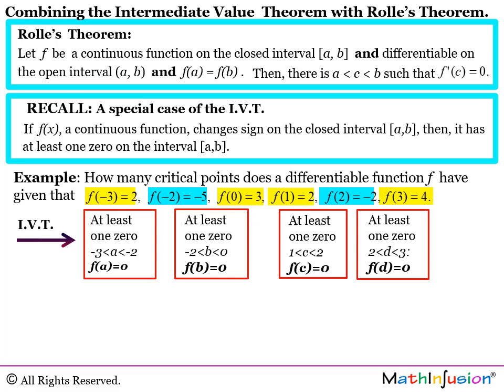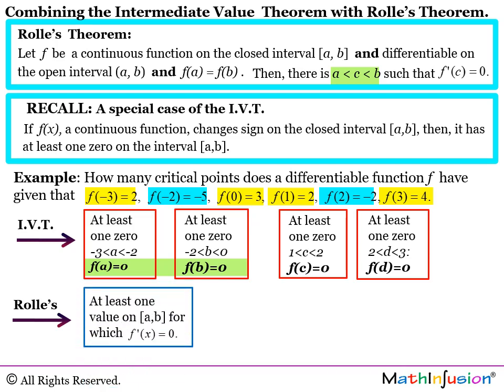Now I'm going to apply Rolle's theorem. If you noticed, f(a) equals f(b). It means that there is some value between a and b where the derivative of the function is 0. Because the function is differentiable, this is a critical number. So there is at least one critical number between a and b. But f(b) equals f(c).